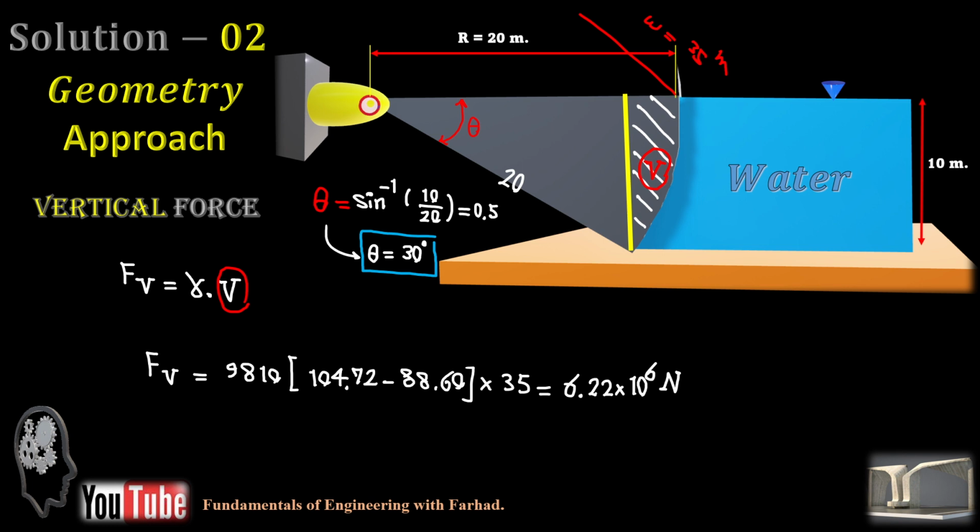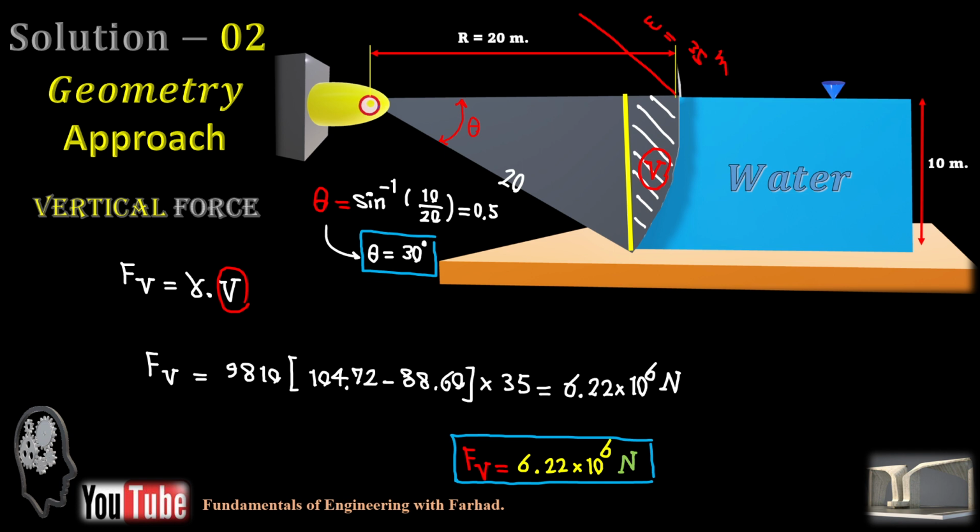So it simply gives us an F sub V exactly equal to 6.22 times 10 to the 6 newtons, which is the exact numeric value of the integration. But you can see how far less calculation is needed in the geometric approach. So I strongly recommend you solve problems with the geometry approach.